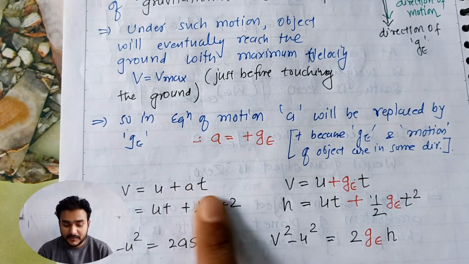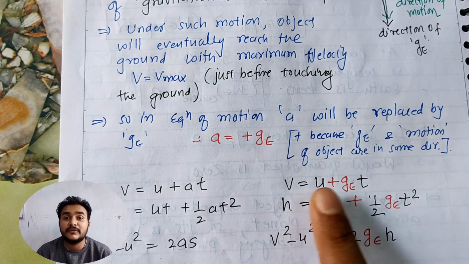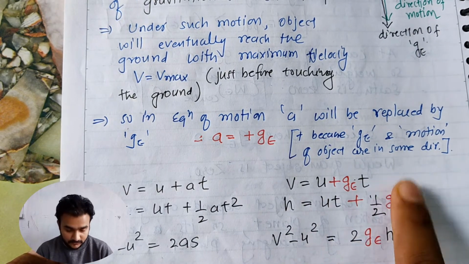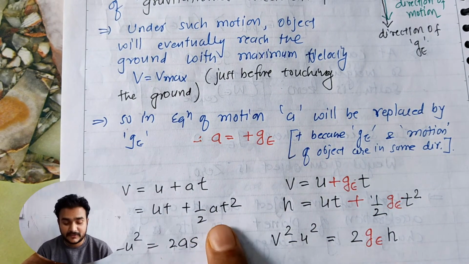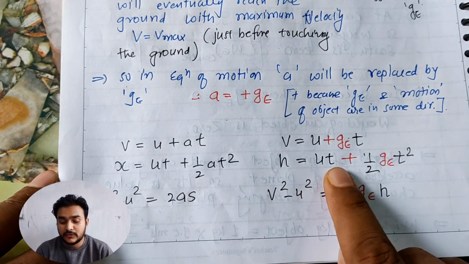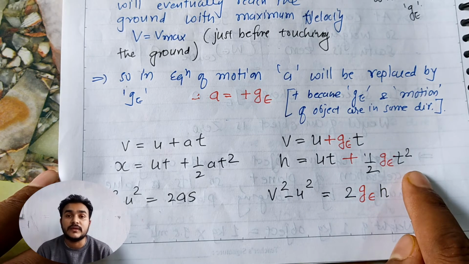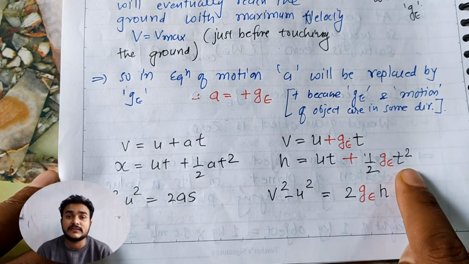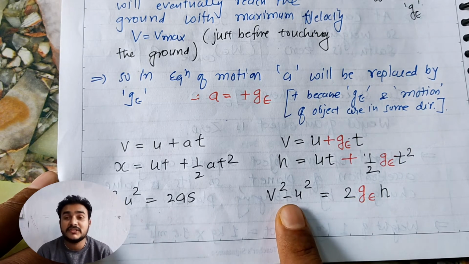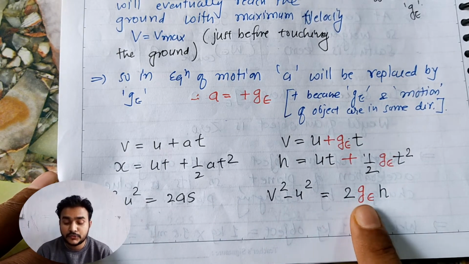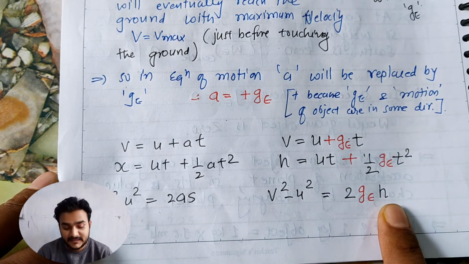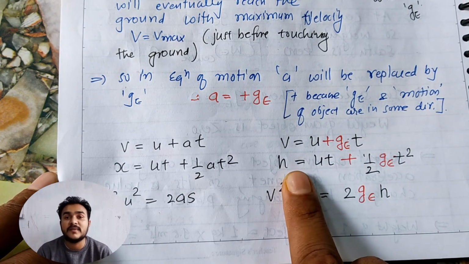So v is equal to u plus at will now change to v is equal to u plus gt. X is equal to ut plus 1 by 2 at square now changes to h is equal to ut plus 1 by 2 gt square. V square minus u square is equal to 2as now changes to v square minus u square is equal to 2gh, as s is replaced by height.